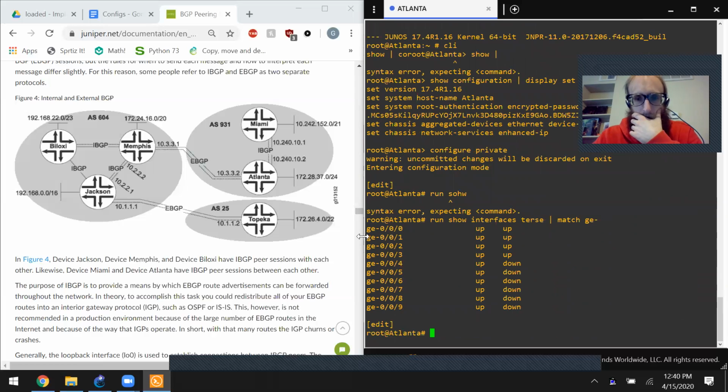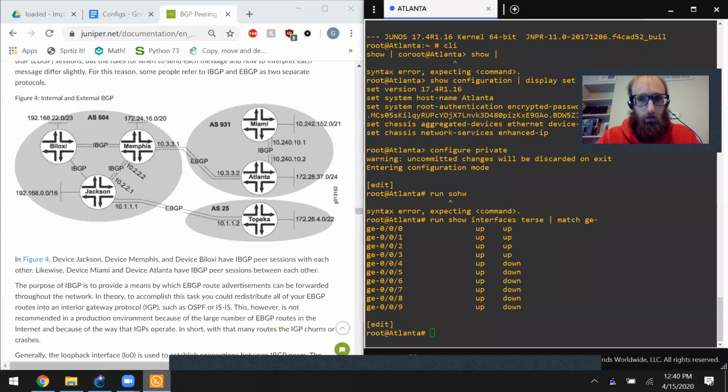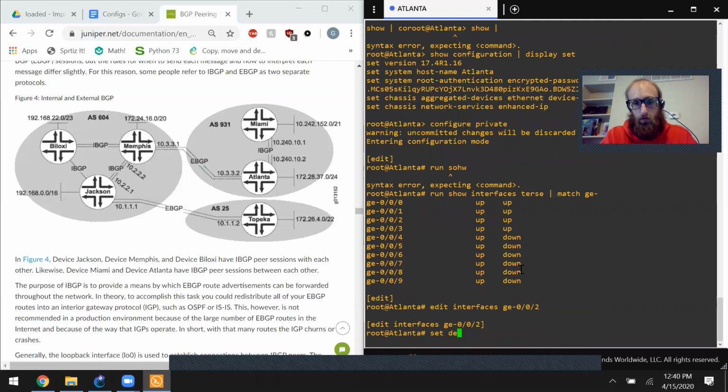All right, so I need to figure out which links are going to Miami. So on Atlanta, it's going to be ports 2 and 3 to Miami, and then 0 and 1 to Memphis. So edit interfaces, ge-0/0/2, set description.